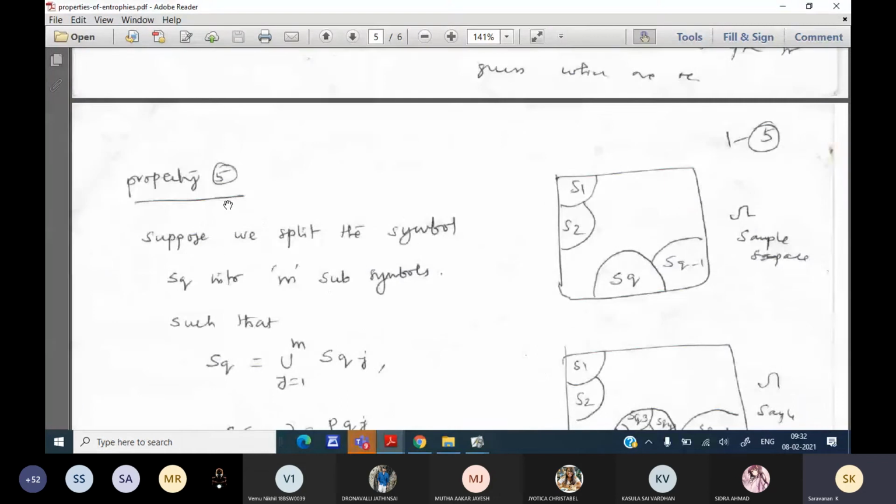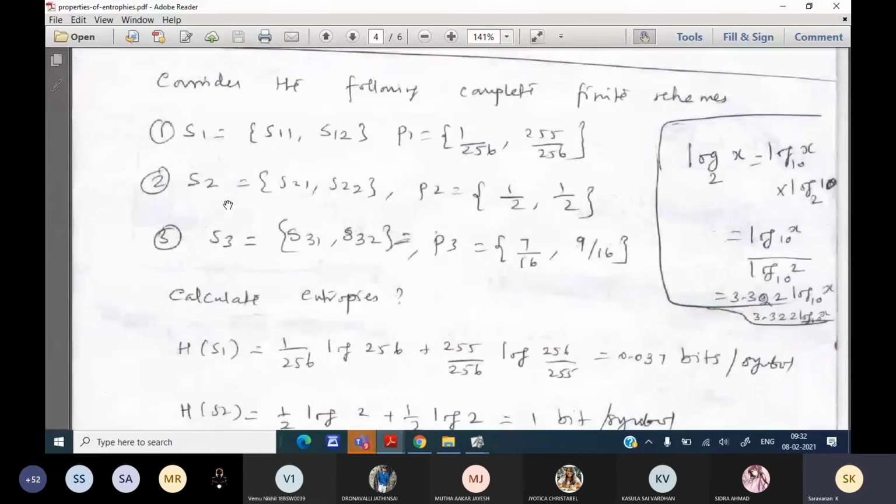Okay, now you can do a simple problem. I have three finite schemes. The probabilities associated with these events are already given. In the first one it is 1 by 256 and 255 by 256.